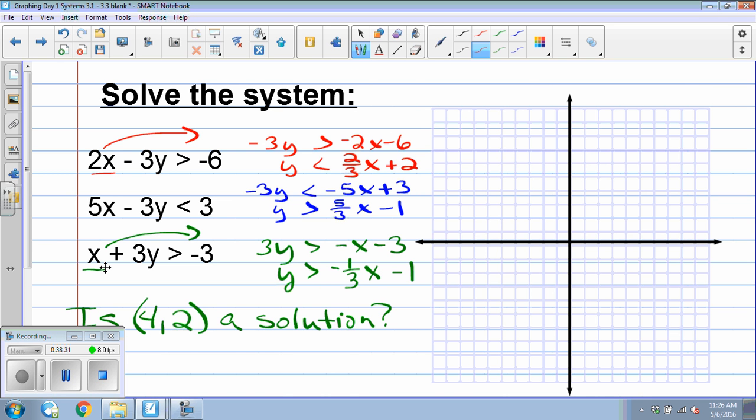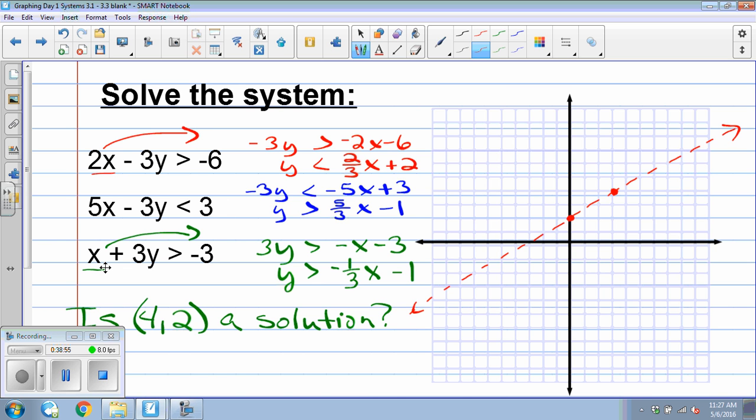Okay, so the first one, I'm going to graph this manually. The first one crosses at 2 and goes up 2 and over 3. And that's a dotted line. Oh, shoot. I did that wrong so badly.